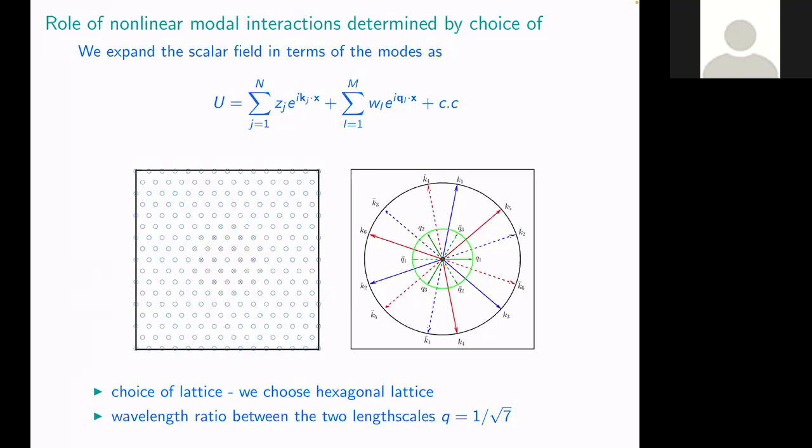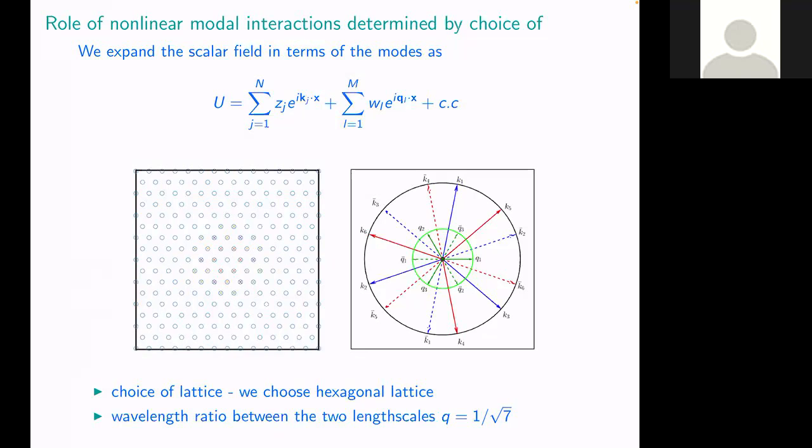So the z's are, in this case, the amplitudes of the wave vectors at the outer circle that you see in the right panel, and the w's are the amplitudes of wave vectors at the inner circle in the right panel. In this way, what we're doing is really taking an infinite dimensional PDE, projecting it onto a finite number of modes, and we can derive the associated ordinary differential equations, a finite number of them.